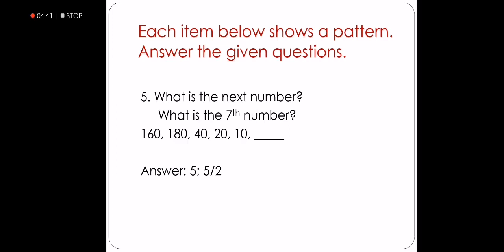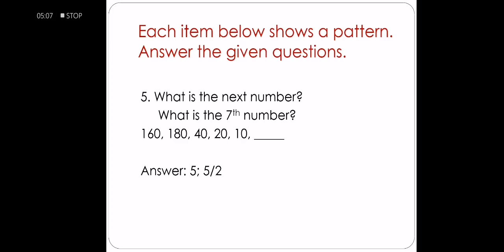Okay. What is the next number and what is the 7th number? Okay, we have 160, 80, 40, 20, and 10. Okay, so meron lang tayong correction dun sa given. So it is 160, hindi siya 180, it's only 80, followed by 40, 20, and 10. Okay, so ang una natin gagawin, hanapin natin yung kasunod na number. So para mahanap natin yung kasunod na number, hanapin natin yung pattern na ginamit ng sequence.